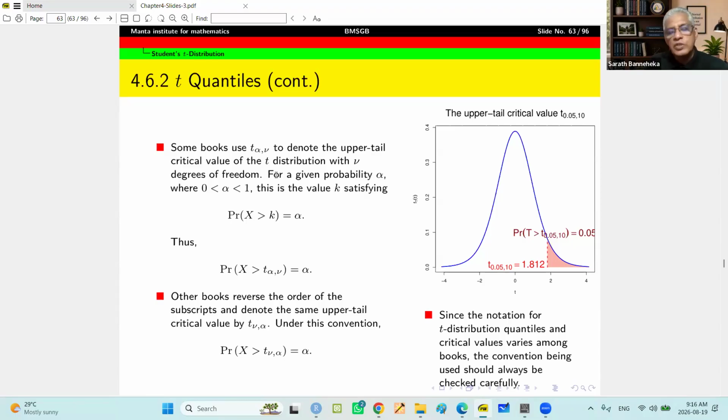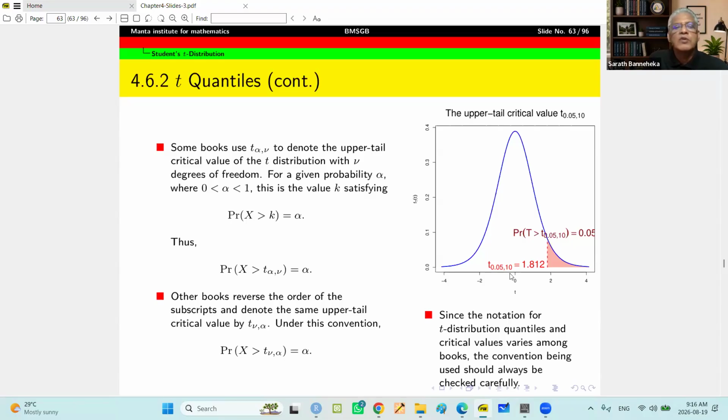So therefore, according to this notation, the same value that we had earlier, 1.812, will be denoted as t.05, 10 instead of t.95, 10, right? So that is where the confusion can occur.